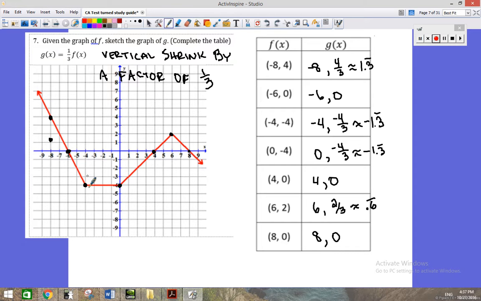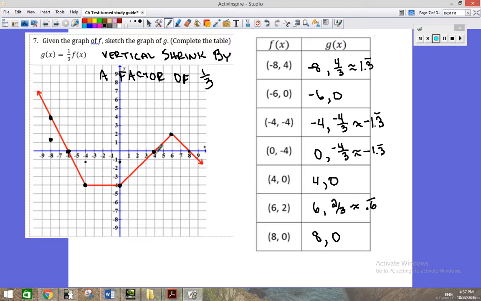So this point, negative 4, it becomes negative 4 comma negative 1.3. So I don't know, maybe negative 1.3 is about right there. And then this 0, this point gets pushed up towards the x-axis, and it's negative 1.3 as well.